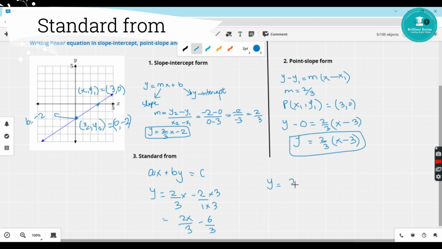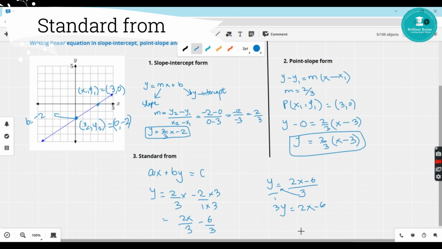I can write 2x minus 6 divided by 3. Alright, now we have to do some cross multiplication. I am going to multiply this 3 with y. It will be 3y equals 2x minus 6.